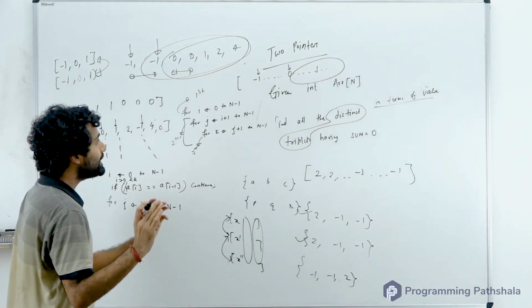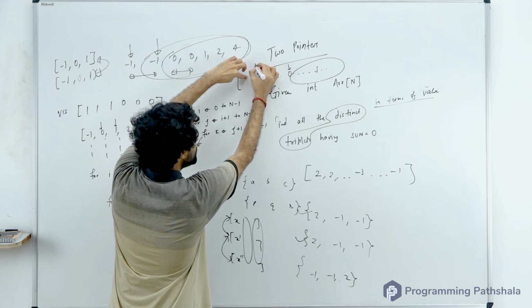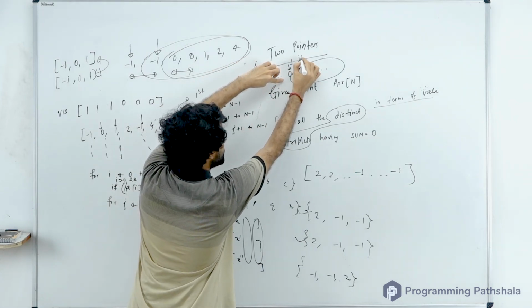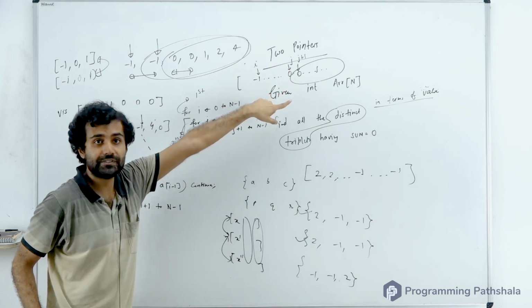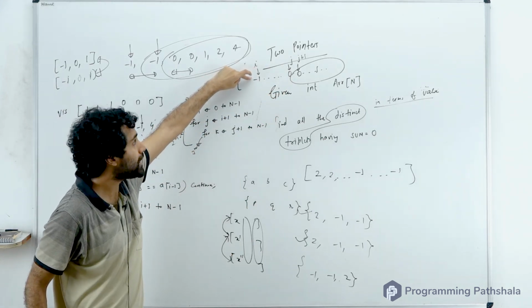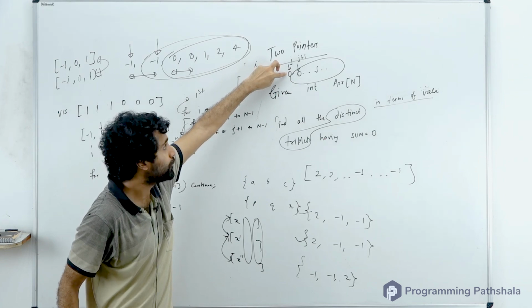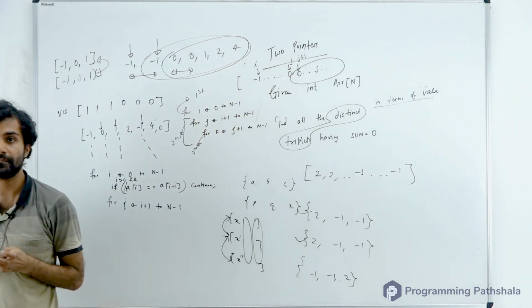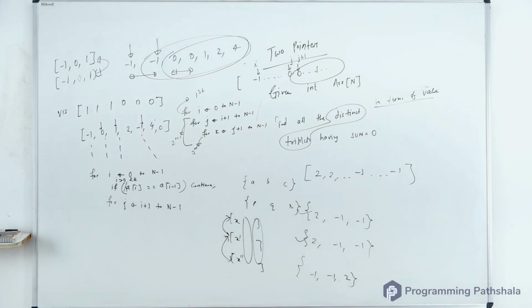Now let me ask you something. If this is your I and this is your j, and at j plus 1 index also there is a 0, for this I, if you have considered this j, would you want to consider this j plus 1 also for this I? No, you would not want to consider it, right? So as simple as that.